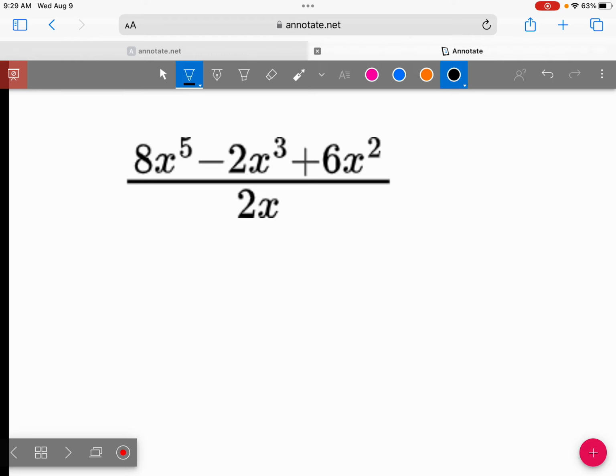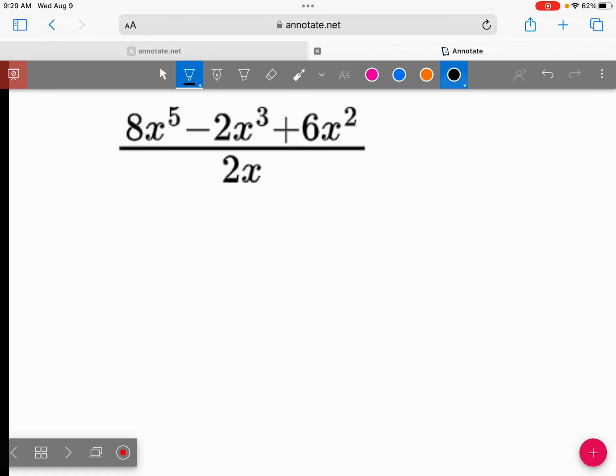So we've got 8x to the 5th minus 2x cubed plus 6x squared, all divided by 2x. Whenever we are dividing by a monomial, so dividing by one term, we've got no adding or subtracting in here. Assume it's been made a common denominator and cut the thing in pieces.